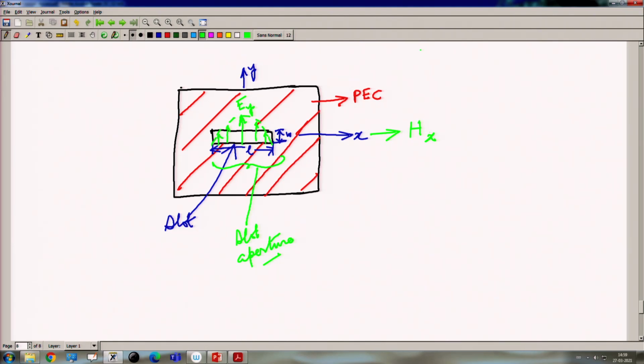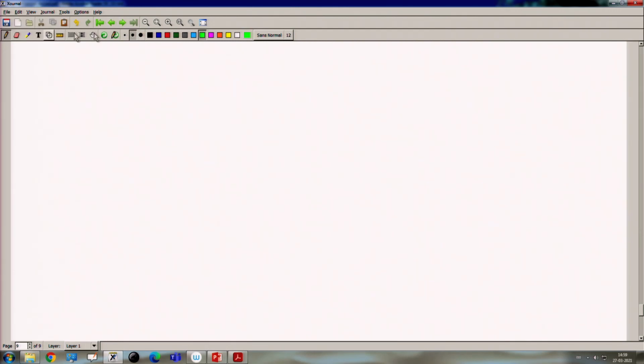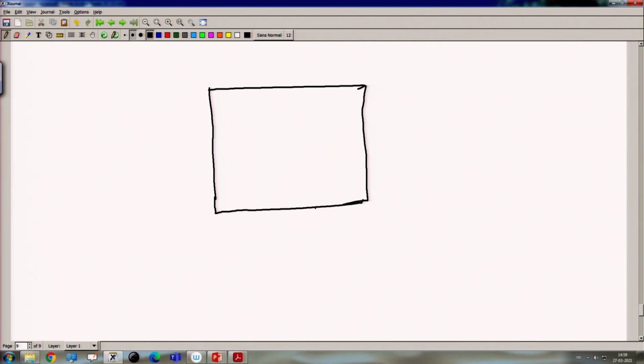Now, this electric field can also be replaced by a magnetic current directed along the length of the slot. So, again consider this as the ground plane and this is the slot.